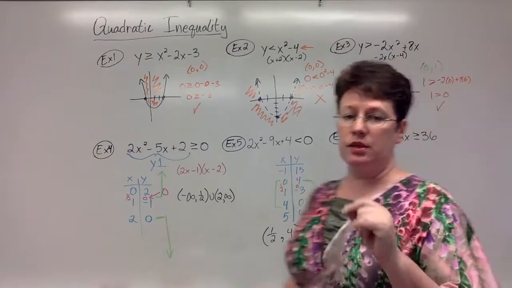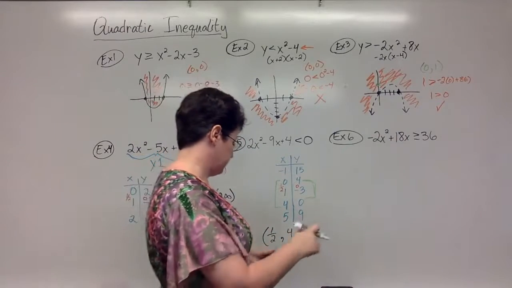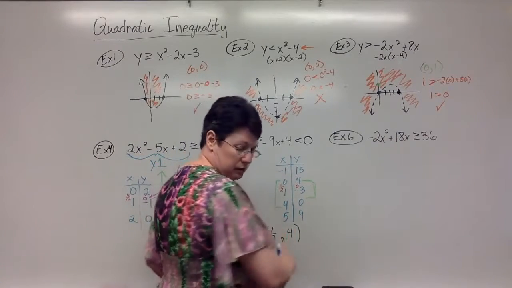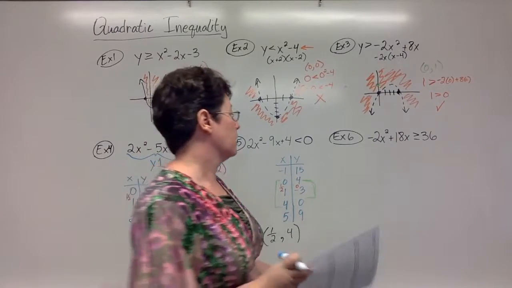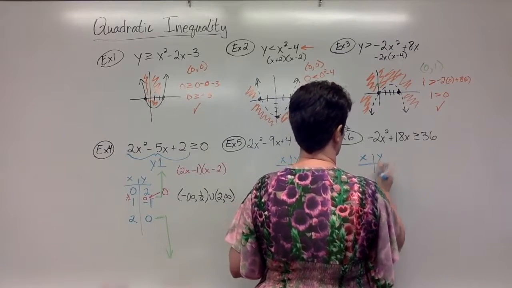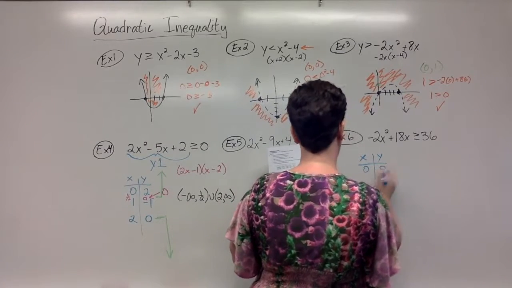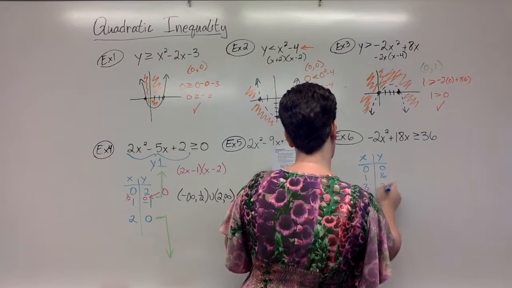Okay? Example 6. Doing our table. Okay? I'm going to start at 0 for this table. So plug it into y1. And I have 0, 0, 1, 16. 3 is 36.